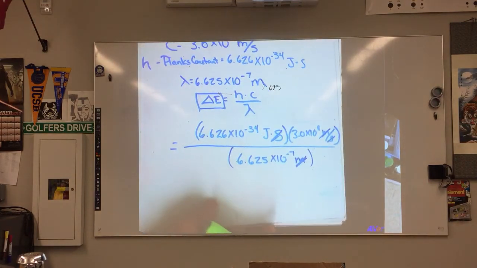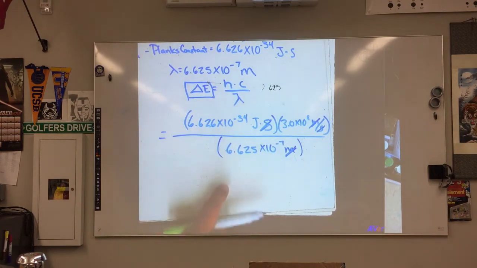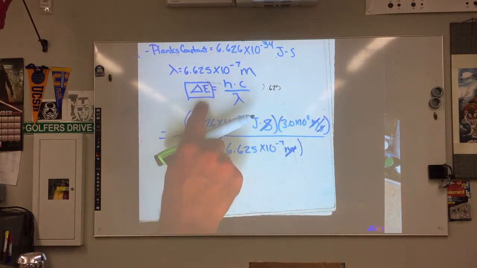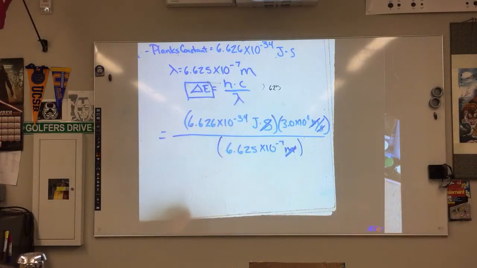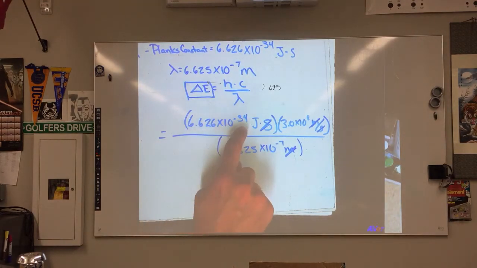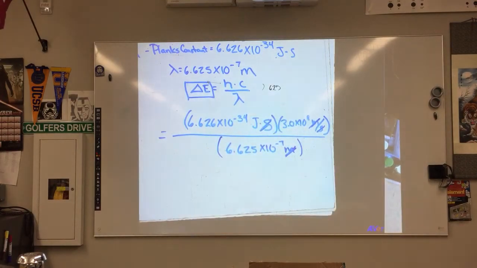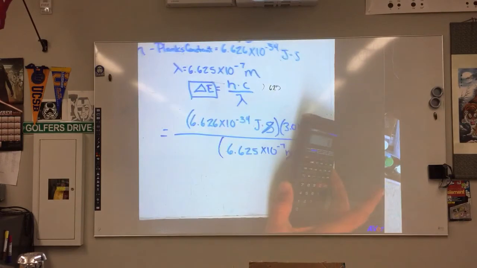The only unit that's going to be remaining here is joules. And we're looking for delta E, or the change in energy, and energy is a unit that would be measured in joules. So we're looking solid. Now, you're going to put this number in scientific notation into your calculator, times this, divided by this, and you got your answer. So let's do this together.